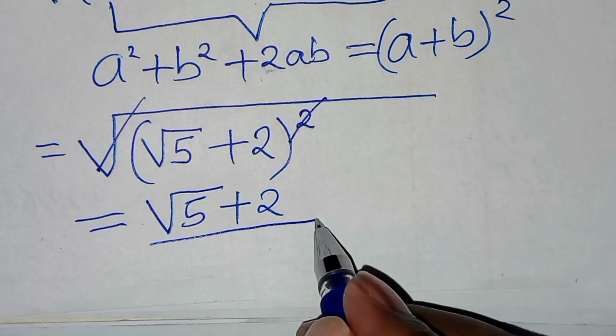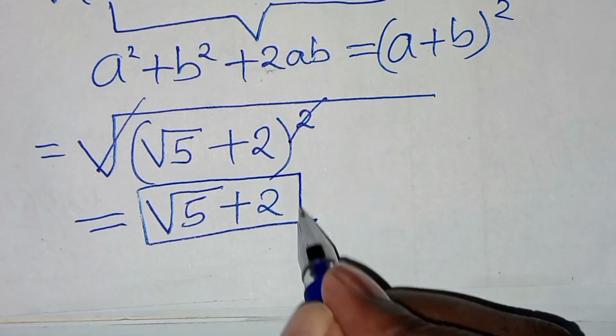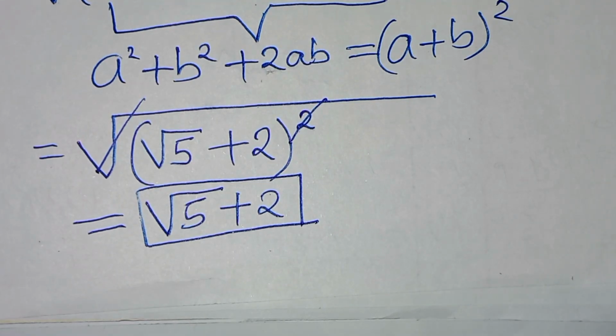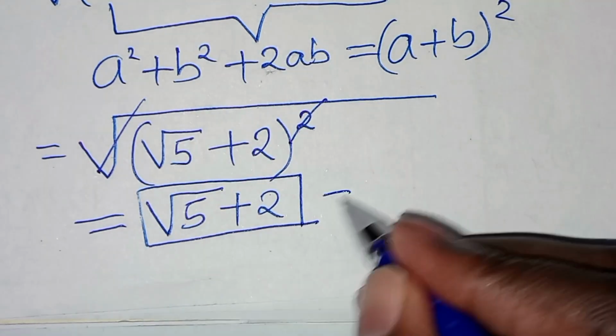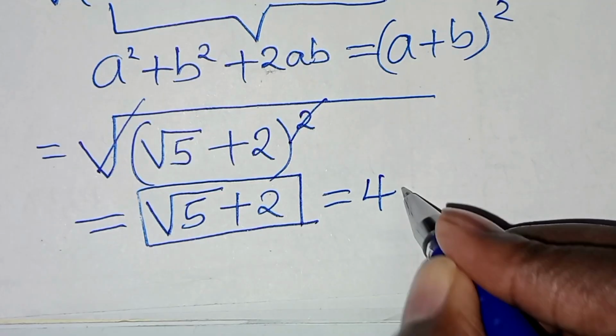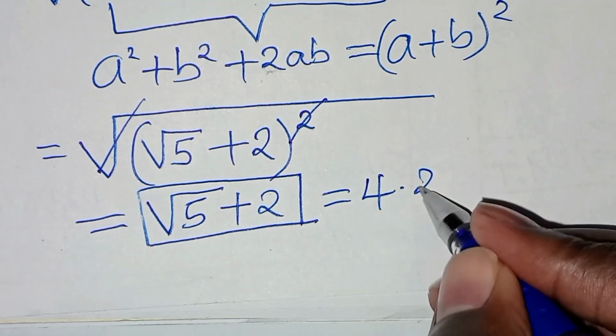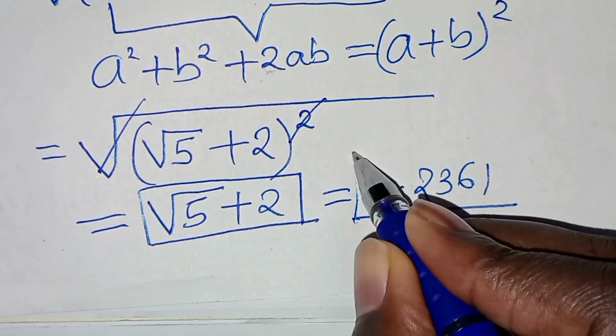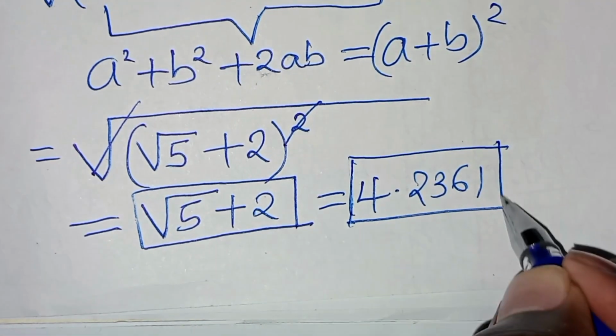Now this is the solution to this radical problem, which is approximately 4.2361. So this is the solution to this math problem.